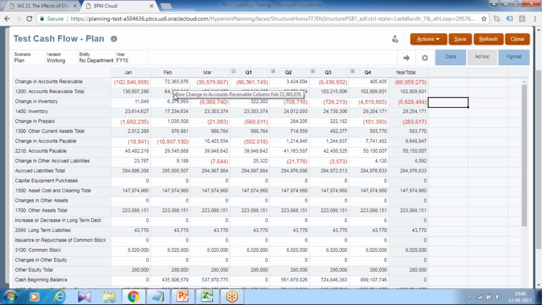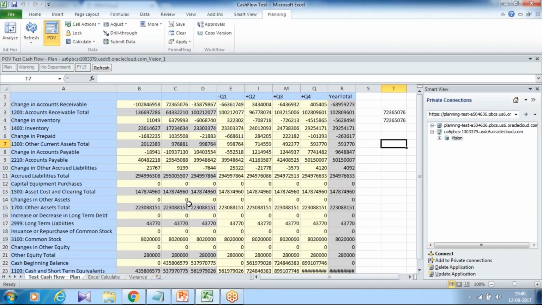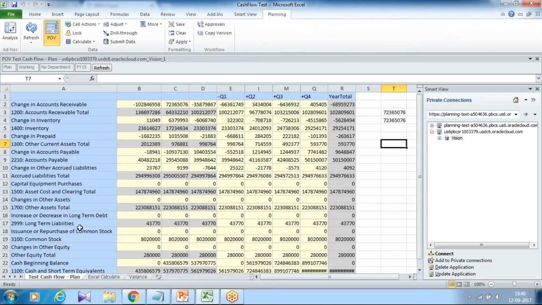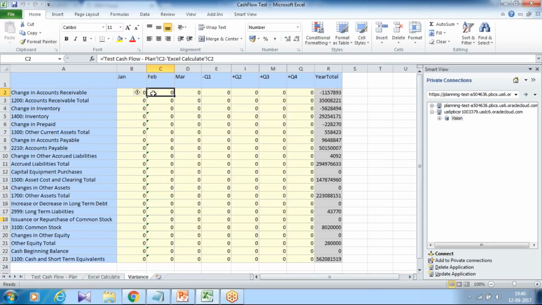To make sure the numbers are correct, we can use a smart way. As we did in our previous session, I created 3 Excel sheets. The first Excel sheet contains the output rendered by your business rule. The second Excel sheet has the calculation I wrote in Excel. For example, February change in account receivable would be the difference between January minus February. It means I calculated in Excel and I like to compare the same numbers calculated by your business rule. The difference between both of them should be 0, which is called variance.